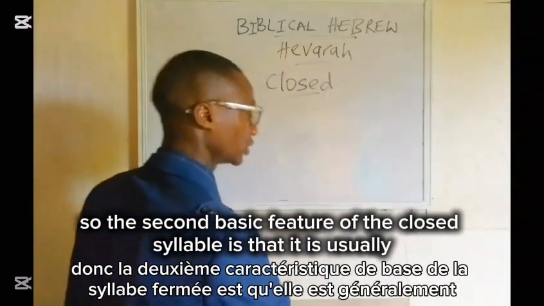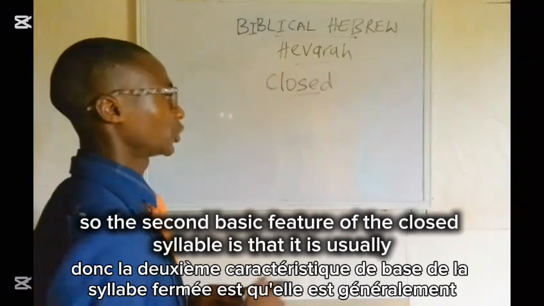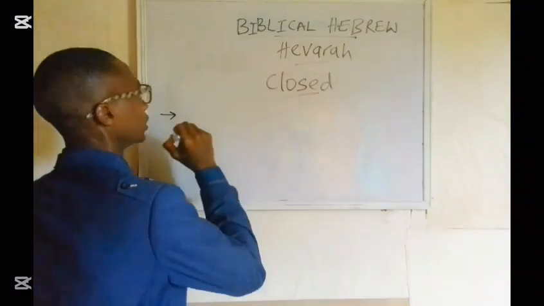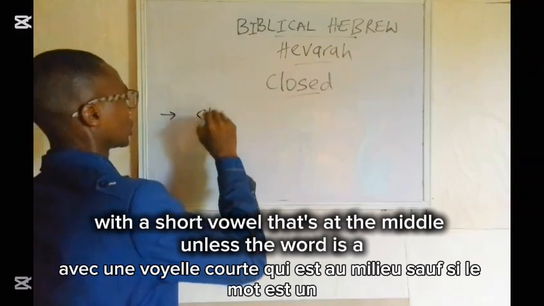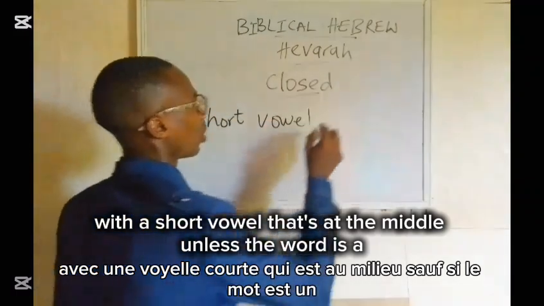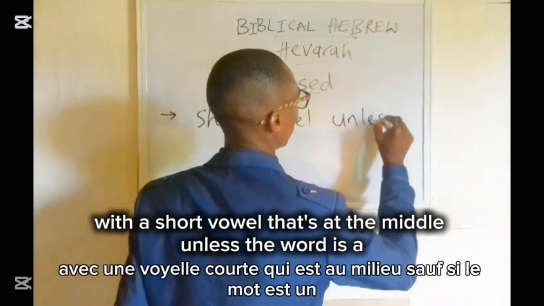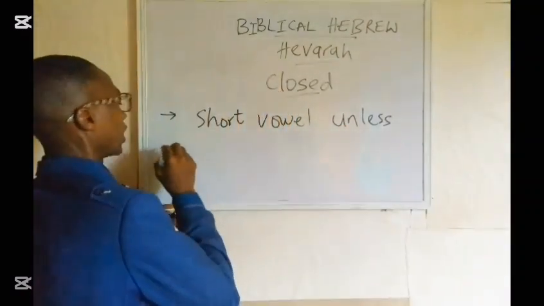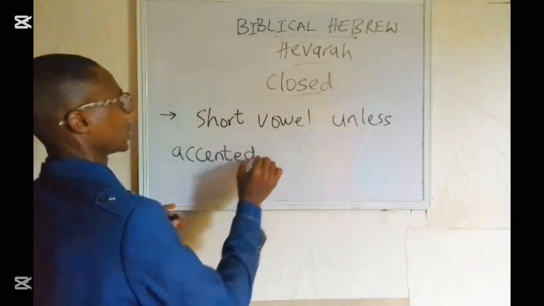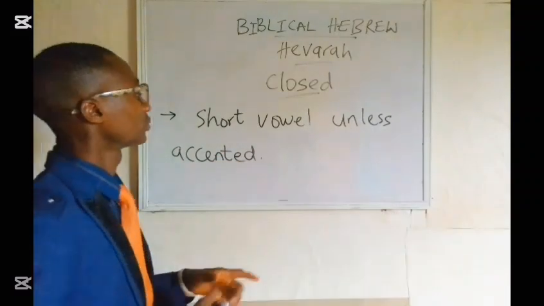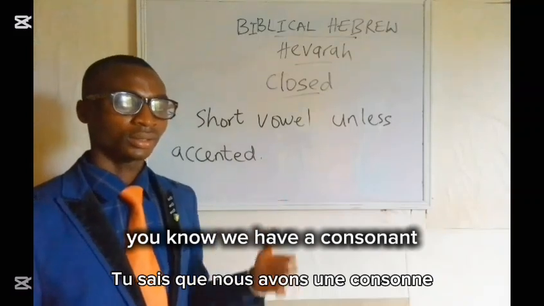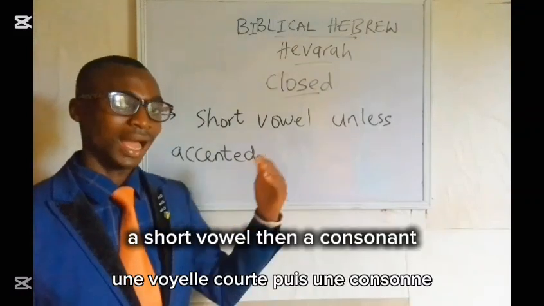So the second basic feature of the closed syllable is that it is usually with a short vowel at the middle, unless the word is accented. In other words, we have a consonant, a short vowel, then a consonant.